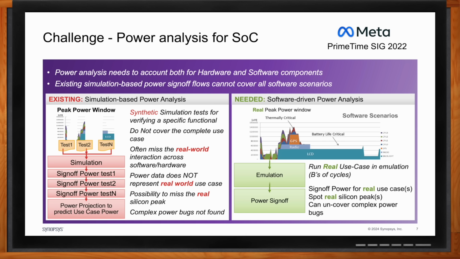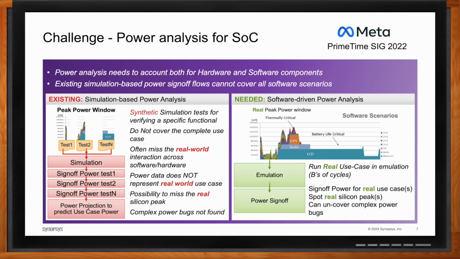And this is actually a slide that was presented by Meta at the PrimeTime SIG event. And this is what they showed. They said, look, if we just rely on simulation-based power analysis, it's not really sufficient. It doesn't give us the coverage. It may point us to the wrong area to optimize because it is artificial.